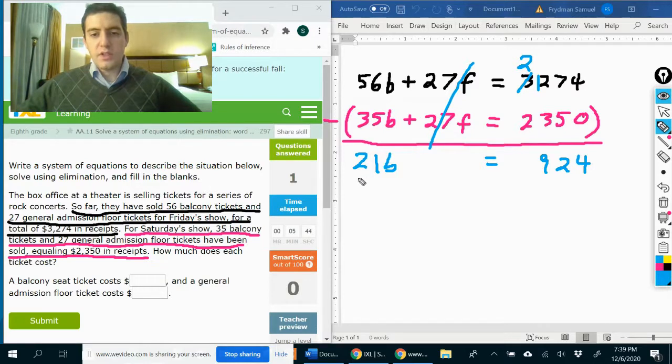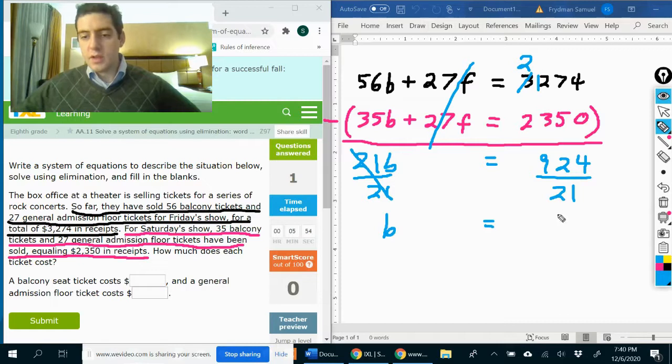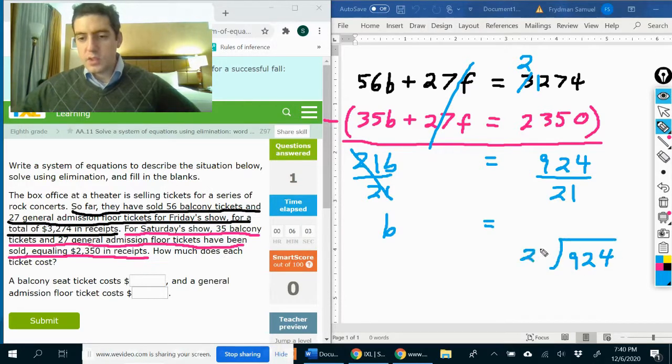So then we're going to divide both sides by 21. All right, so B is equal to, now we have to do 924 divided by 21. All right, let's just do it. Do the long division. 924 divided by 21.